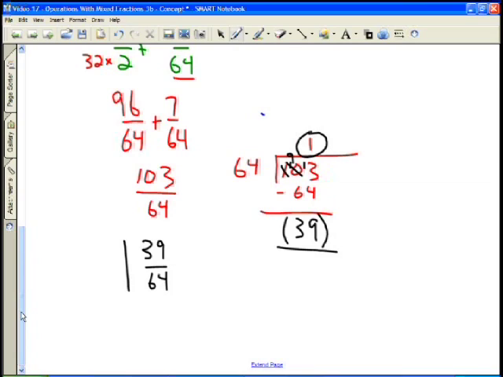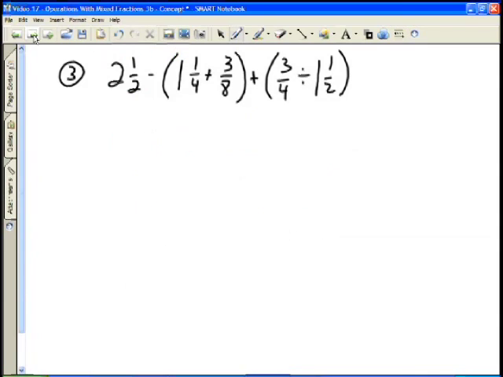And for the last example, let's make it even a little bit more complicated. Now we've got two sets of brackets with a division and an addition. So again, our first step is to convert all of these mixed fractions to improper fractions.